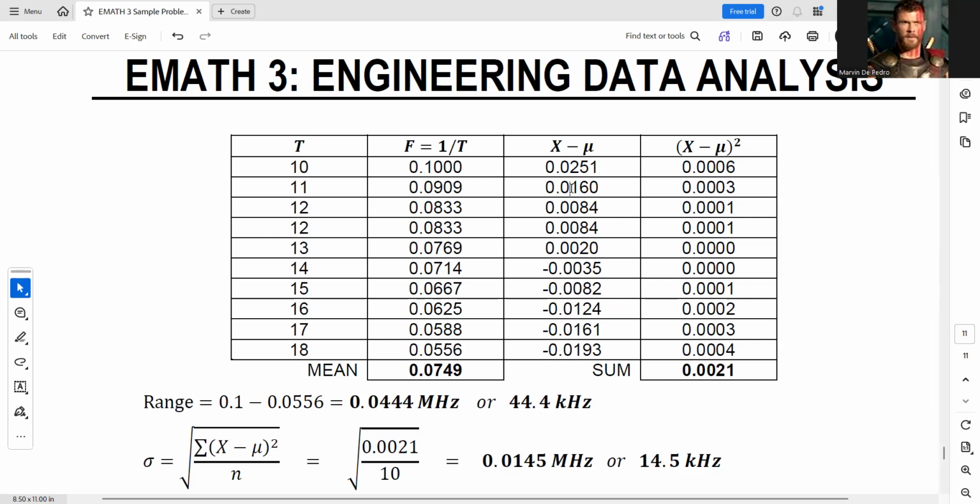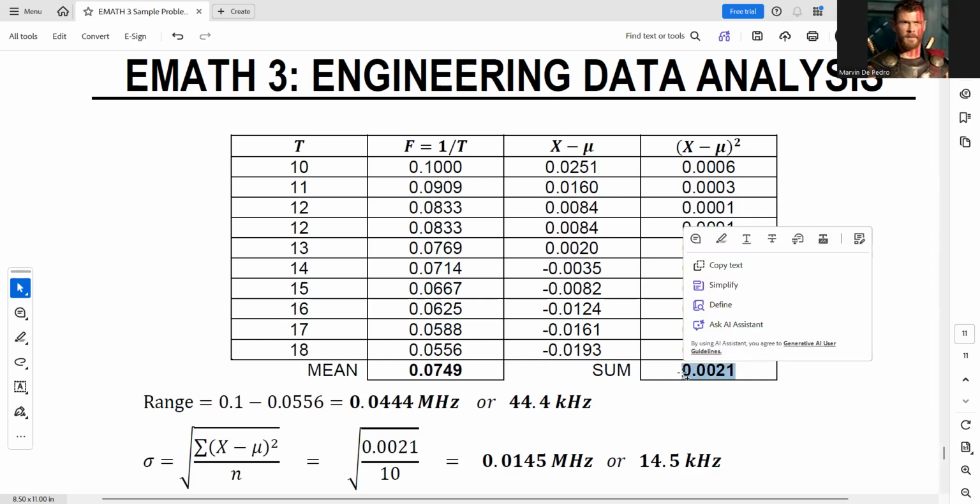So this value, when you square this, we have 0.0006. This one, if you square this, we have this value. This one, if you square this, will be very small. Similar to this. And this one is very small as well, right? So if you add them all together, we have a total sum of 0.0021. Okay?